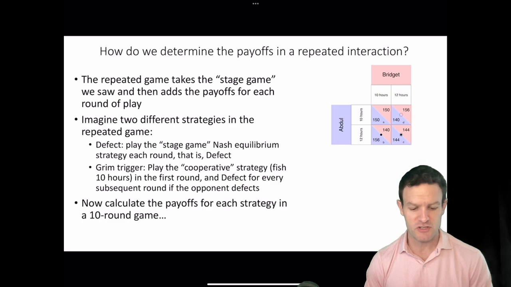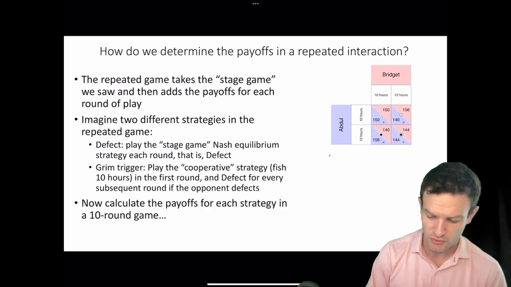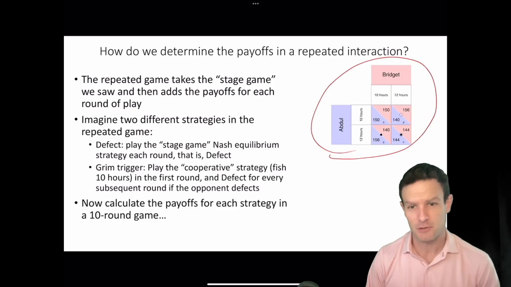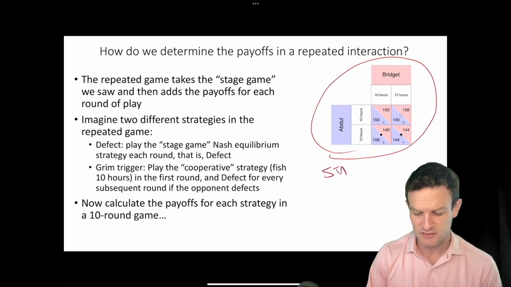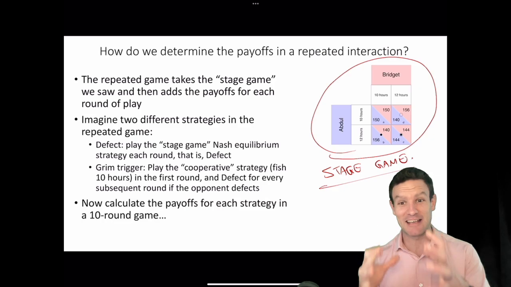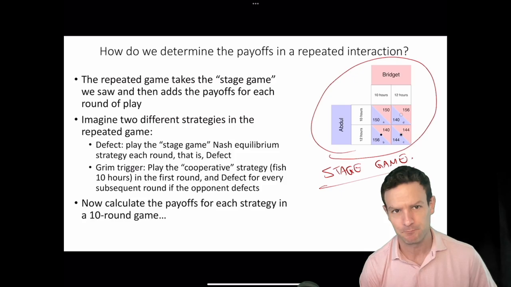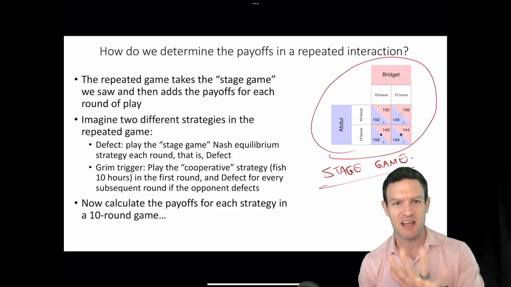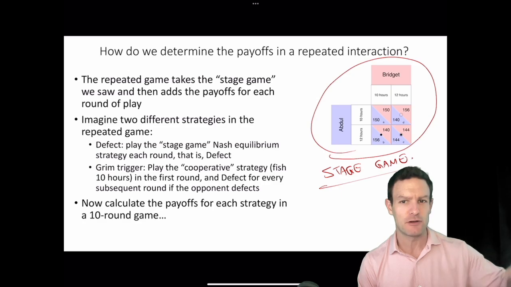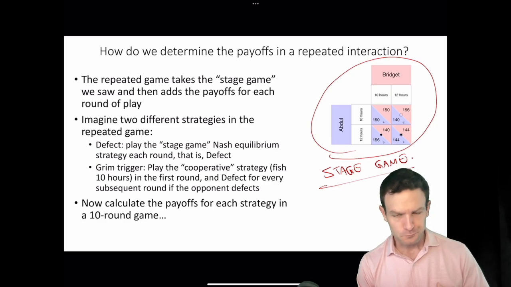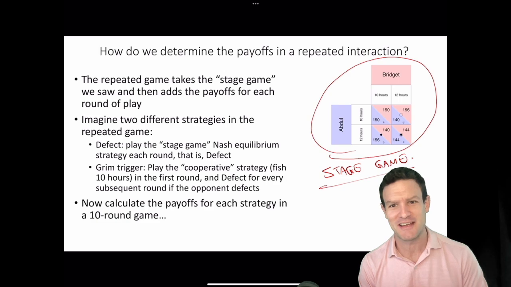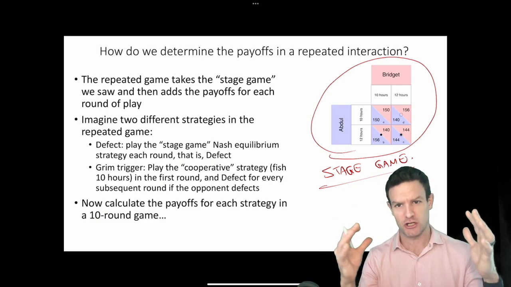Okay, so what do we do here? We're going to think about the stage game. So this game over here that we've seen previously, we call that the stage game. And it's a stage game because it's a game that happens at each stage of the interaction. Okay, so we take that stage game and we repeat it every round. Now, there are two potential strategies in this overarching game.